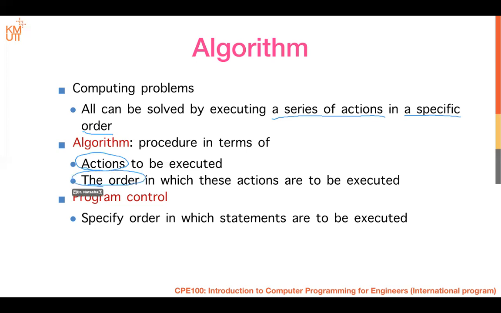The order is important. Why is that? Because we have a series of actions, but they need to be in order. Otherwise, it will not be called an algorithm. So when we talk about an algorithm, you need to define a set of actions, and the set of actions will be in order, right?